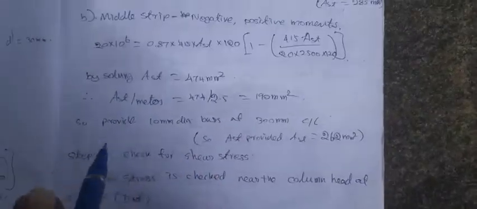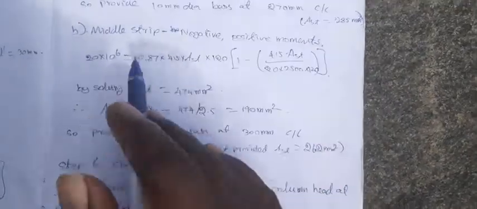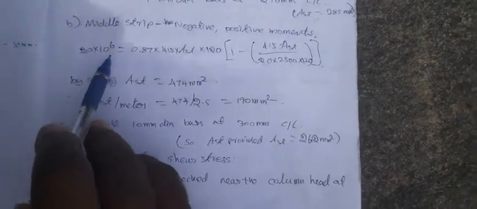In the same way, the middle strip also has negative and positive bending moments. Its values, we know, the negative bending moment is 20 kilonewton meter, and the positive bending moment is also 20 kilonewton meter.